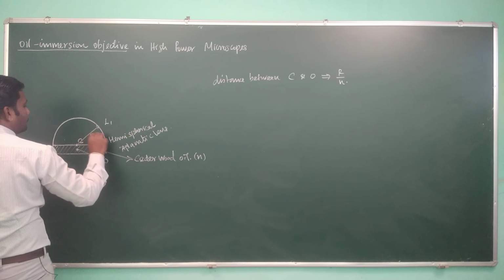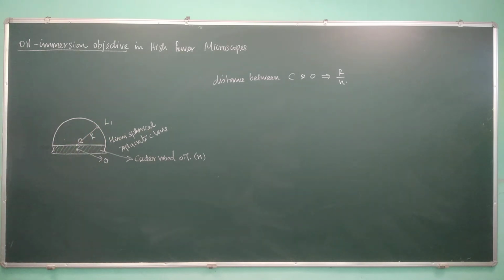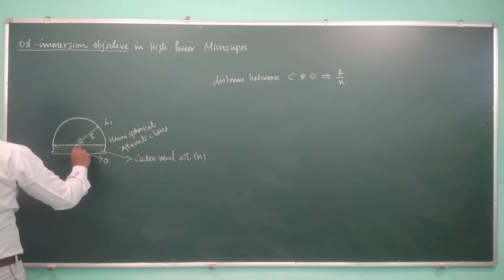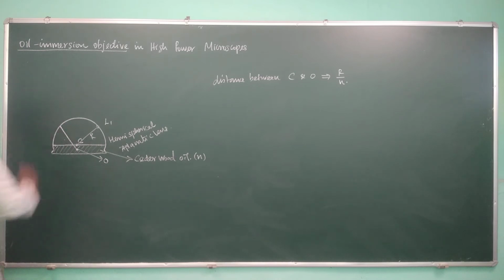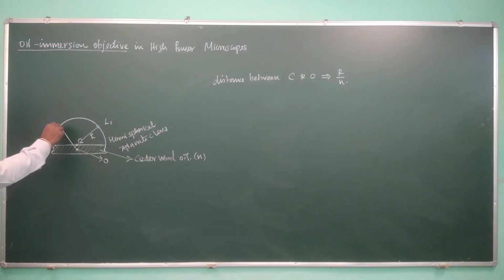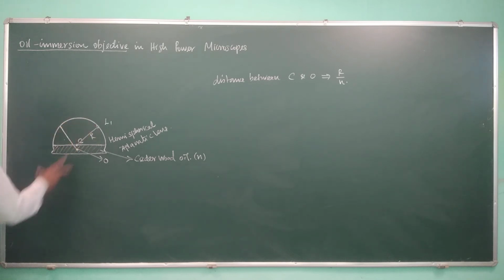If that is the case, light coming from this object O will not get refracted until it touches the surface of the lens. In this situation, the object placed within the oil is treated as if it is placed within the lens system.